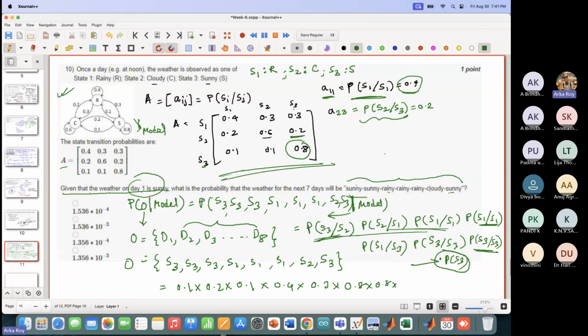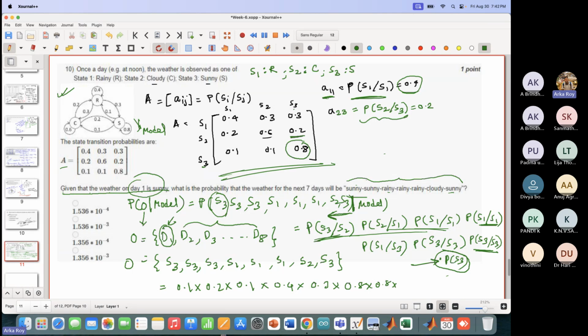Now, what about the last probability, of S3? That is the occurrence of S3. We are now at the day 1 condition, because we started writing from this side and ended with P of S3, which is at day 1.